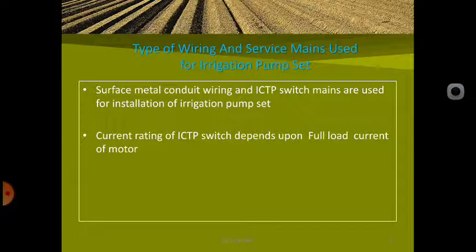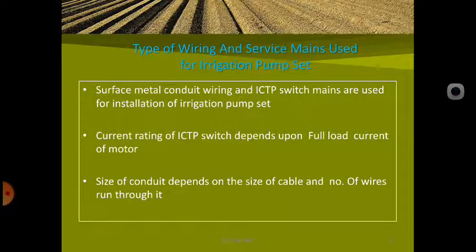The next factor is that the size of the conduit depends on the size of the cable and the number of wires run through it, whether the cable is 2.5 mm or larger. That is based on the number of wires we require to draw through it.